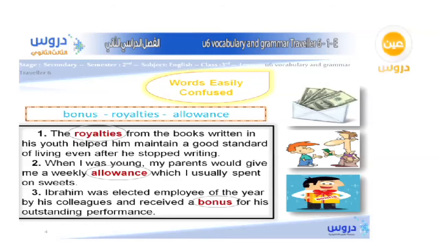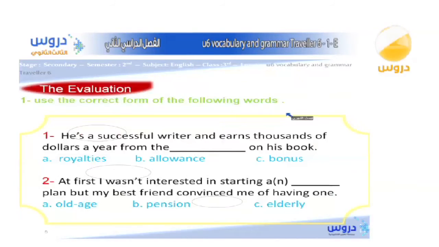Is it the same? All right. We want to check whether you get the right answer or not. We have an exercise and we need to focus on the meaning.